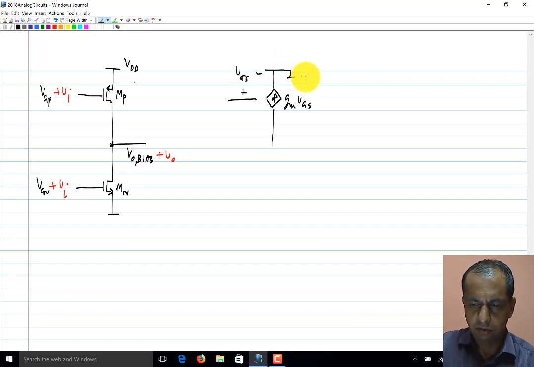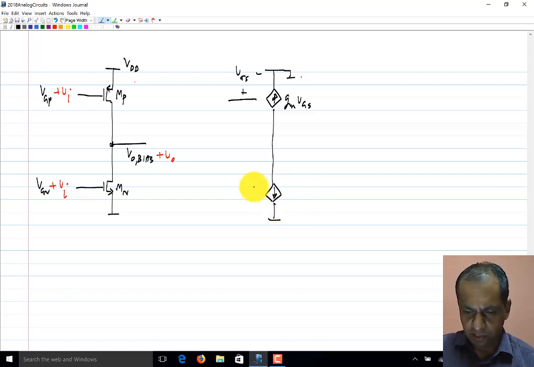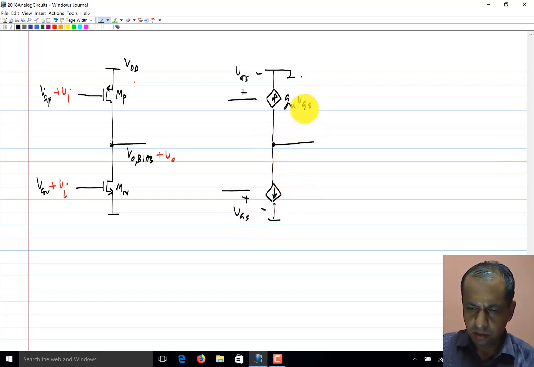This is ground. And the incremental equivalent of the NMOS transistor is like this. This is VGS. Let me distinguish P and N by adding another subscript. VGS P, VGS N. This is GMN times VGS N.